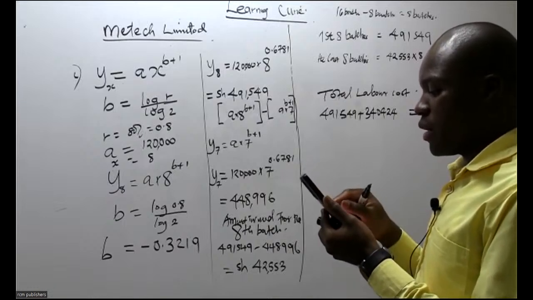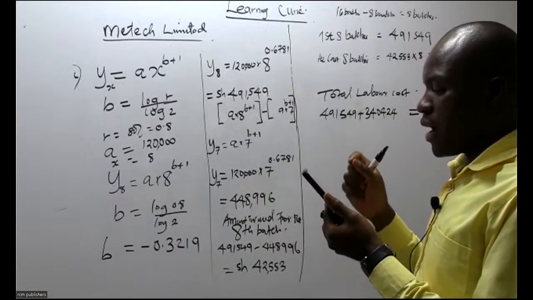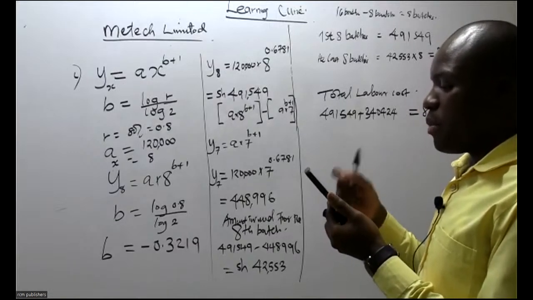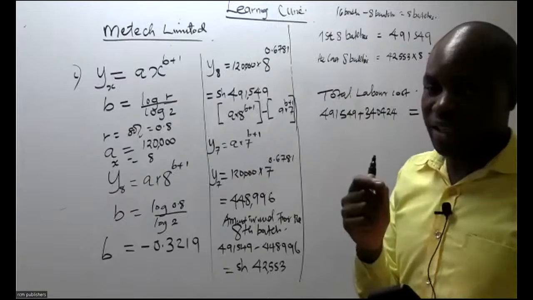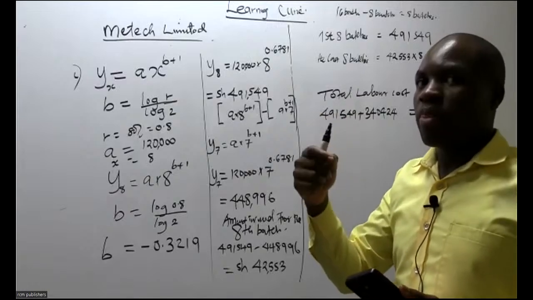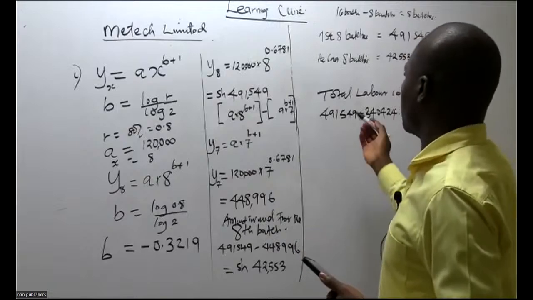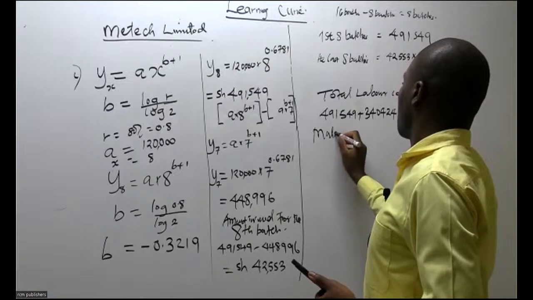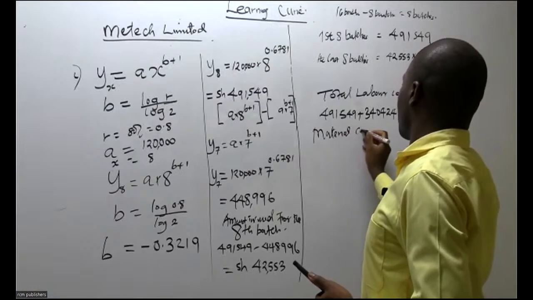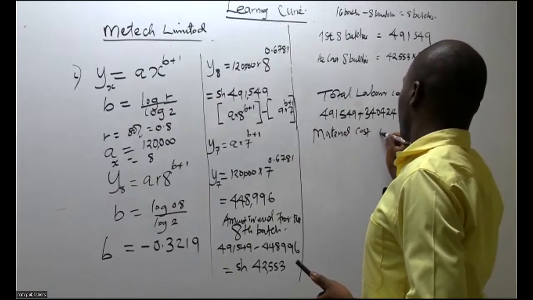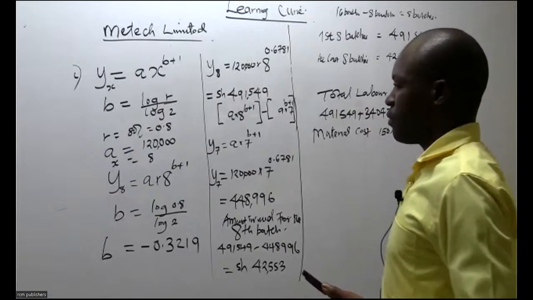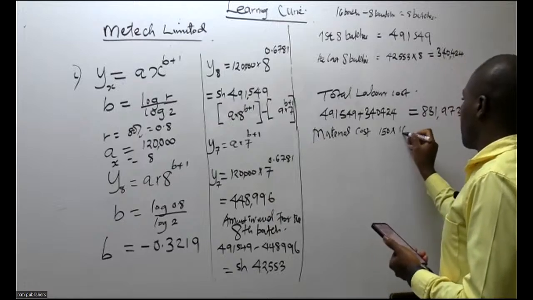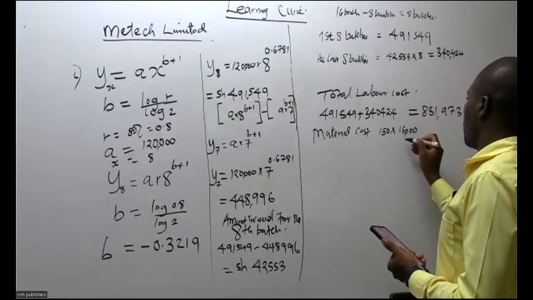Additional information number 1. The direct material and other non-labor related cost will be 150 per unit, not per batch. 150 shillings per unit. So this is total labor cost. Then material cost, we are told, is 150 shillings per unit. How many units do we have? We have a total of 16,000 units which were placed into batches.